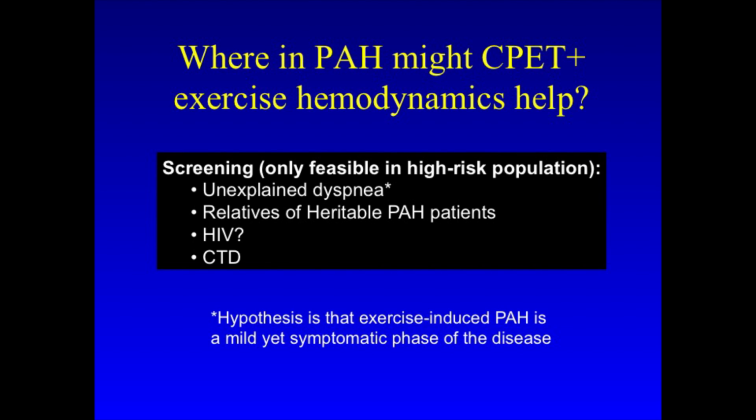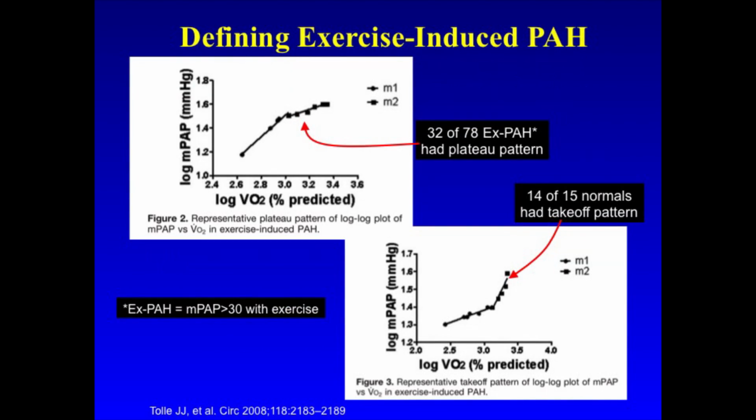Then HIV, because the prevalence is certainly much higher than 1 in a million, but in some HIV clinics it's actually much lower than 1 in 200. And the CTD patients we talked about. So the hypothesis is that exercise-induced PAH in these cases is a mild yet symptomatic phase of the disease.